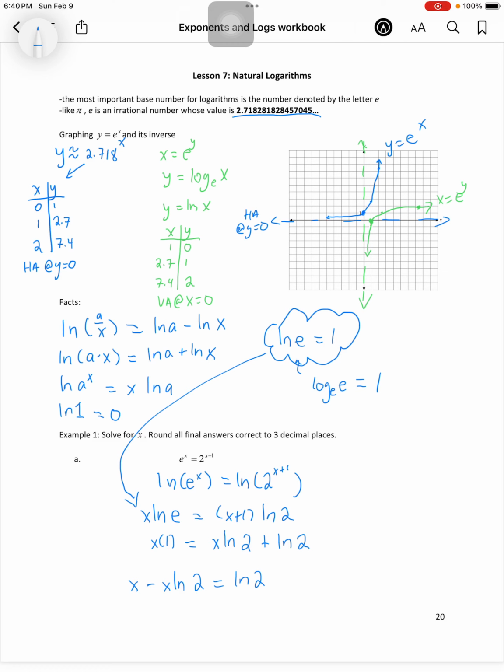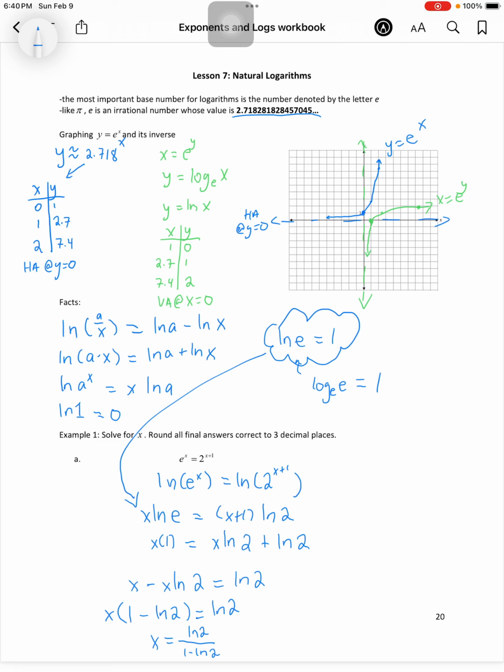Now we factor out x, so x divided by x is going to be 1, so you have to include this 1 here. Do not put 0, there's going to be a 1 here. So 1 minus ln 2, and now x equals ln 2 divided by 1 minus ln 2.